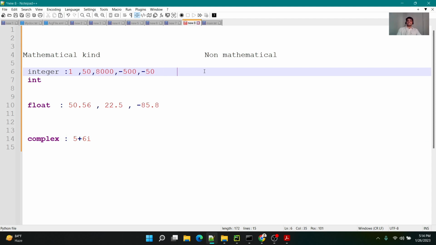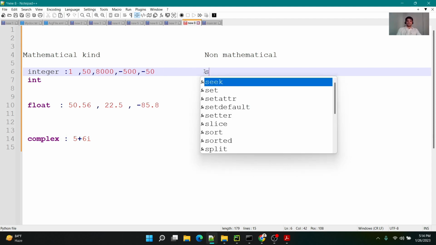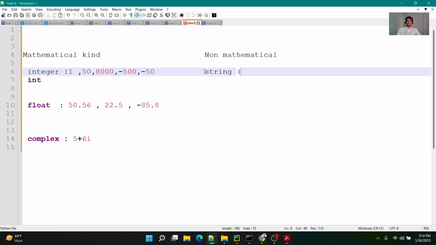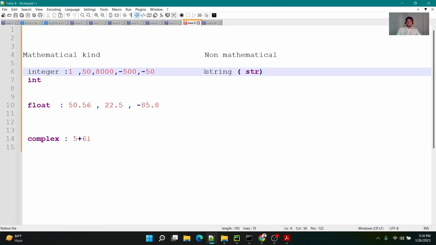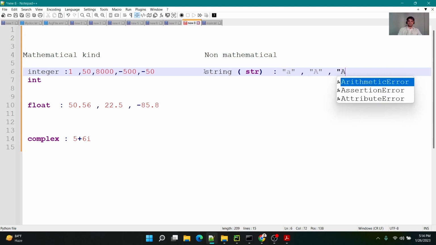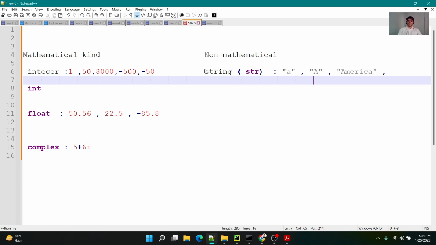If not this, your data can also be of a type called a string, abbreviated as str. And this, guys, could be a character like A, or say America, or I can write perhaps a statement in itself.